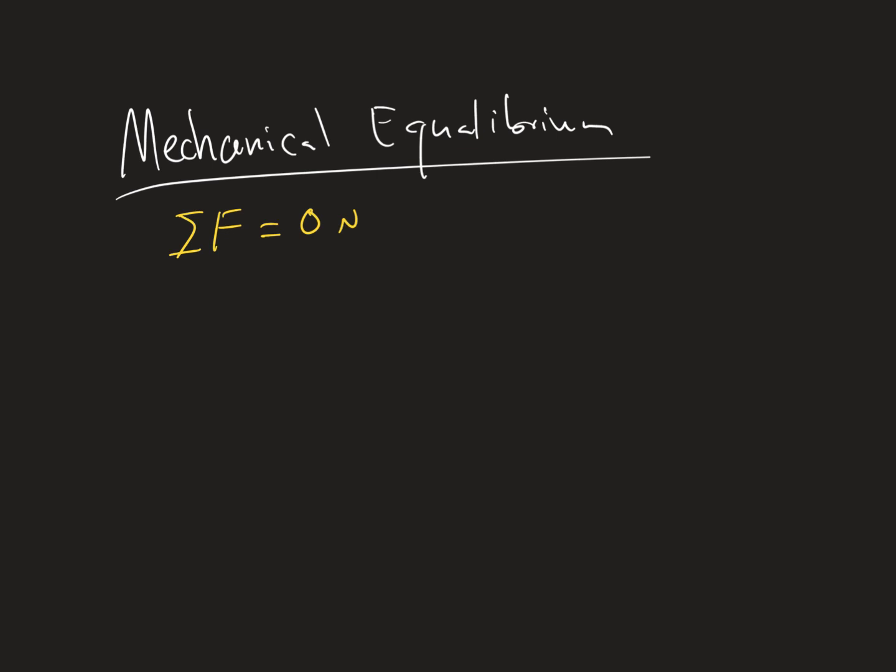It means that the state of motion is constant. Constant, let's see. Does it mean it has to be at rest? No, it doesn't. It means its state of motion is constant.